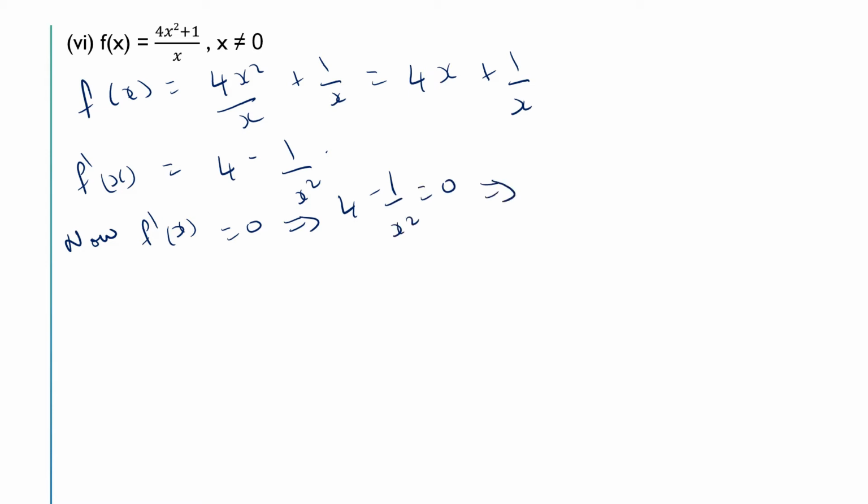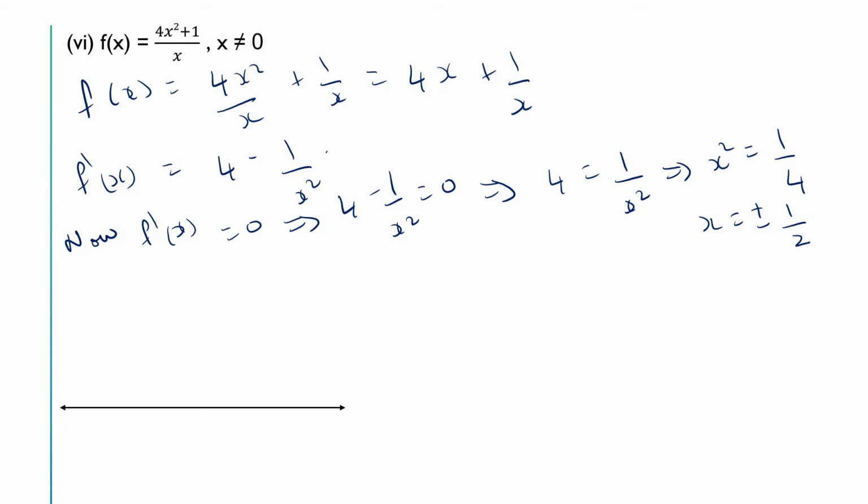From this we get 4 equal to 1 by x square, or x square equal to 1 by 4. So we get x is equal to plus or minus half. So the entire interval is divided into minus infinity to minus half, then minus half to plus half, and plus half to infinity.